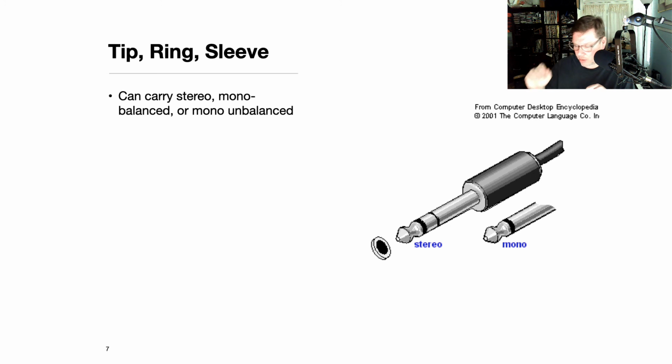And you might also have noticed that if your headphones have a microphone on them, like your phone earbuds with the built-in mic, or even some nicer headphones, there would be another ring on there. So it would be tip ring sleeve, because you need another line, essentially another channel, for the microphone as well. So that's the tip ring sleeve stuff.